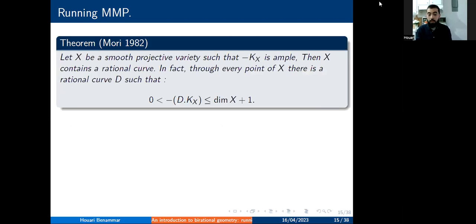Mori had a lot of results in this direction. For example, if X is a smooth projective variety and minus K_X is ample, that means X is a Fano variety, then X contains a rational curve.